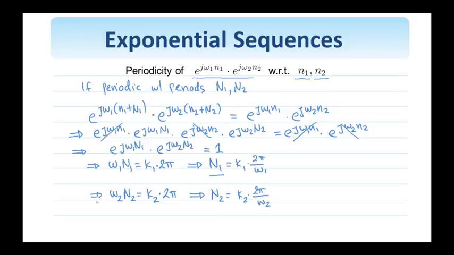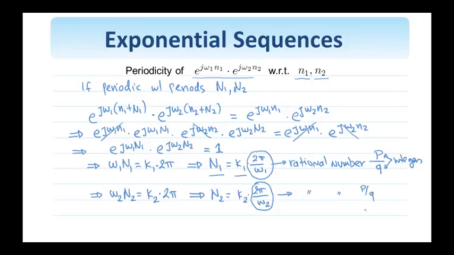Clearly, N1 is an integer, k1 is an integer, therefore, for this equality to hold true, 2 pi over omega 1 should be a rational number, that is the ratio of two integers, p over q, right? And the same should hold true for this one, so this should also be a rational number, p over q, right?